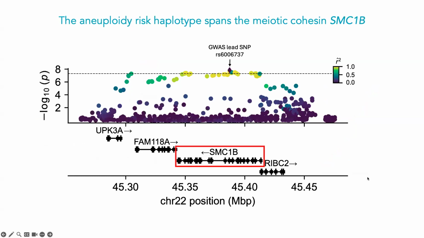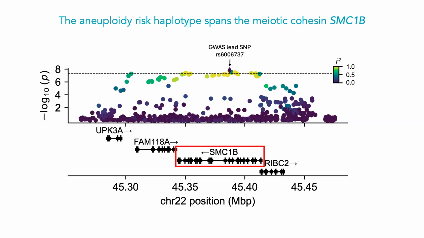So a natural question is what genes could be driving this association? Looking closer at this region, including the imputed markers, we see that the haplotype spans about 4 genes. But the lead variant falls within this gene SMC1B.